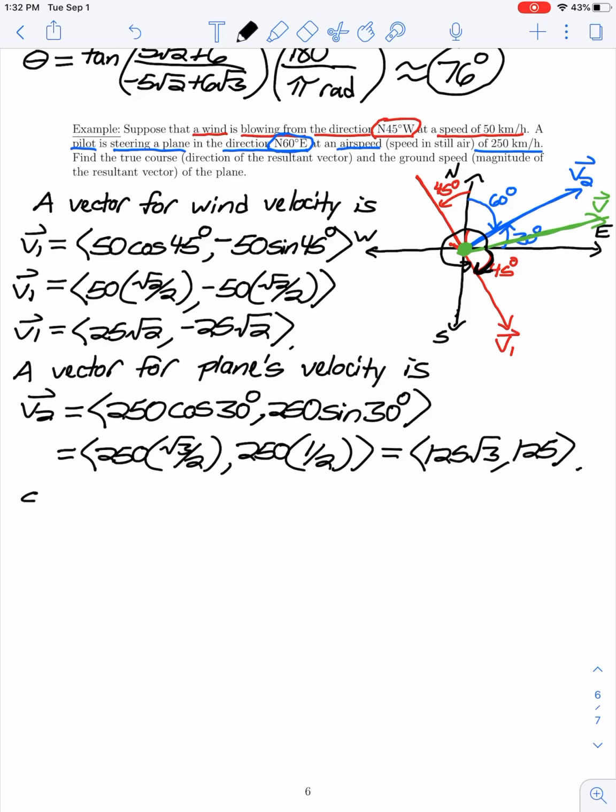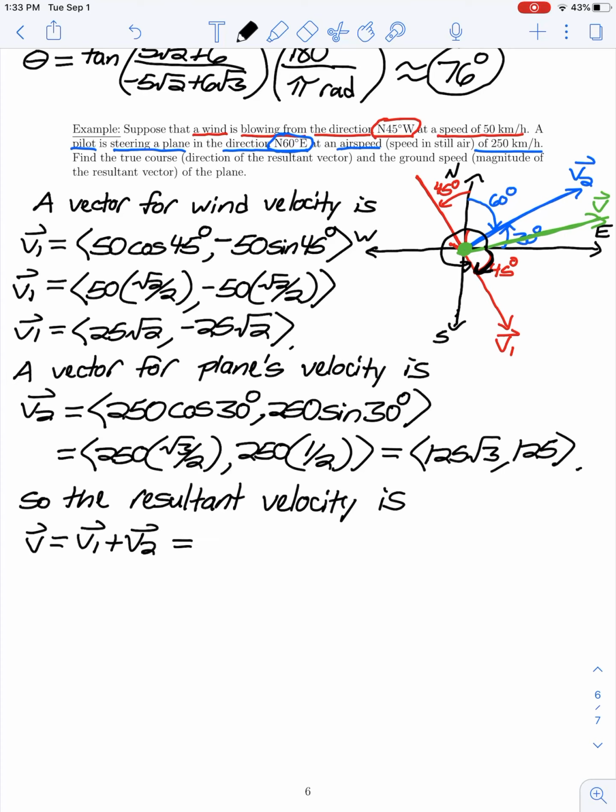So the resultant velocity then would be given by what I was calling V, and it's the sum of the wind velocity and the plane's velocity. So let's see what we have.